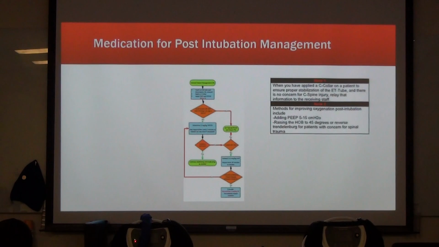So we talked about medication, right? There are our medications for post-intubation management. As John said, be prepared to give ketamine right here, 2 milligrams per kilogram, and you can give that every 5 minutes. Then you have fentanyl over here as long as the systolic pressure is greater than 90.